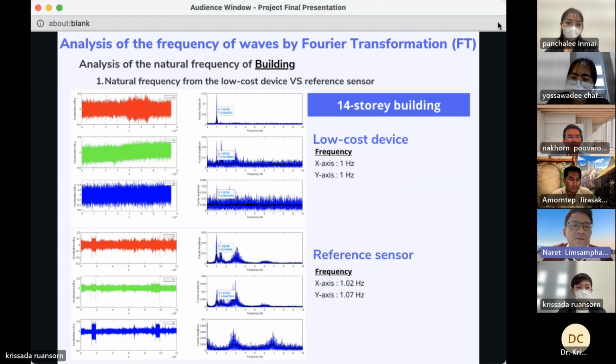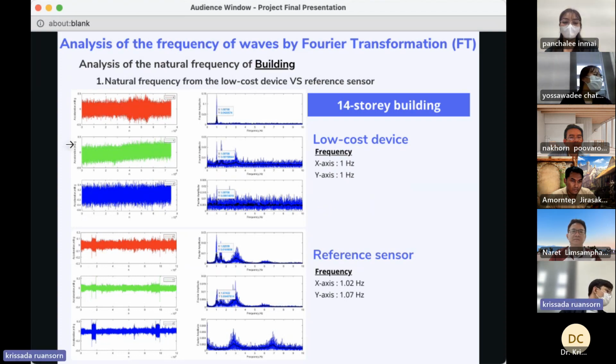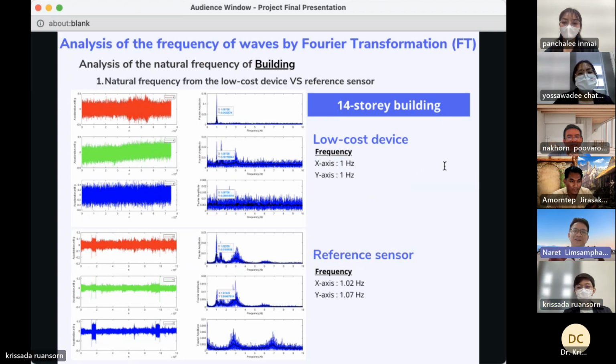It seems to be going up. Did you hear me? Yes. What happened to the green one? Why is it going up?